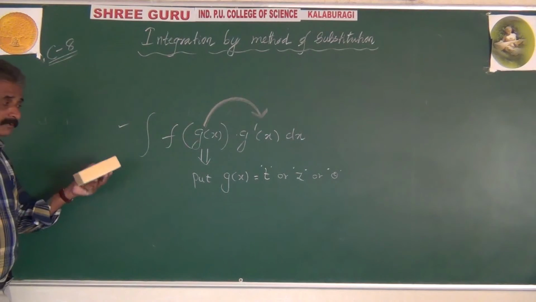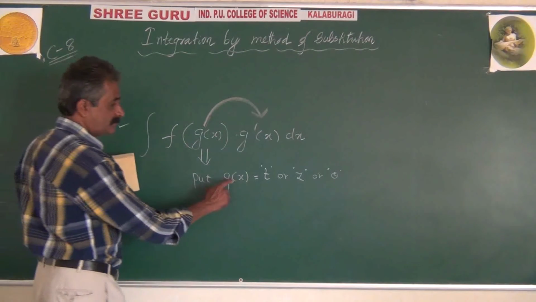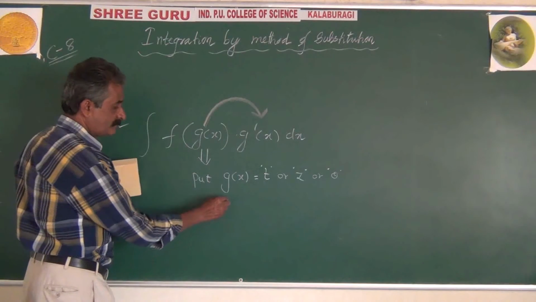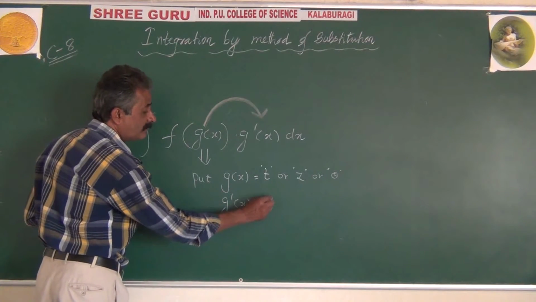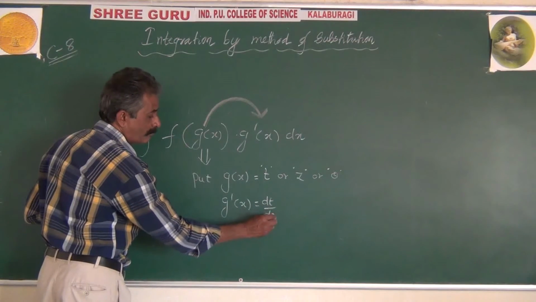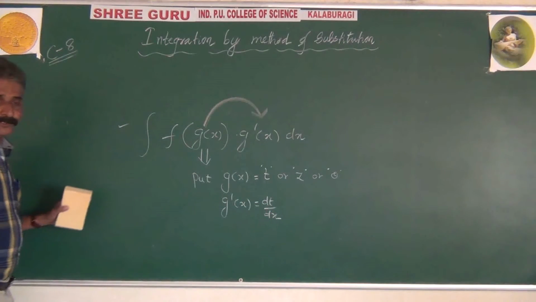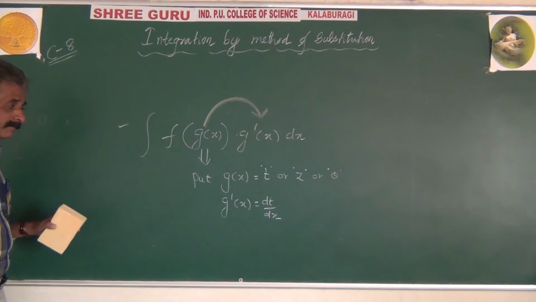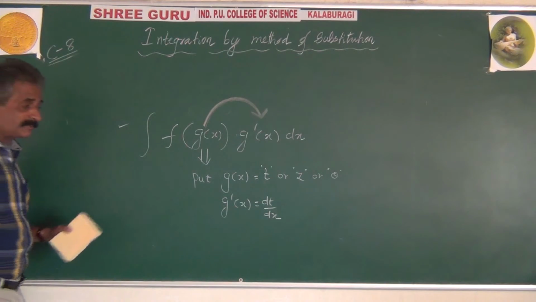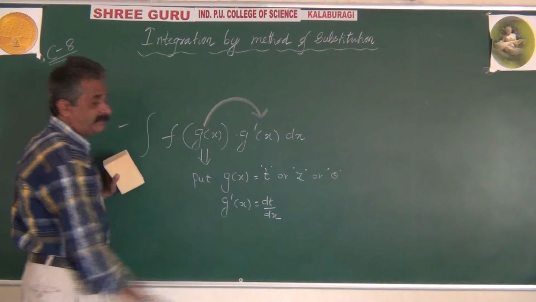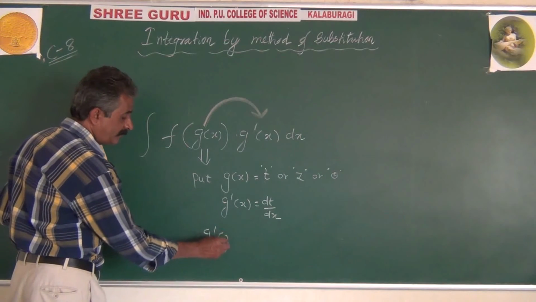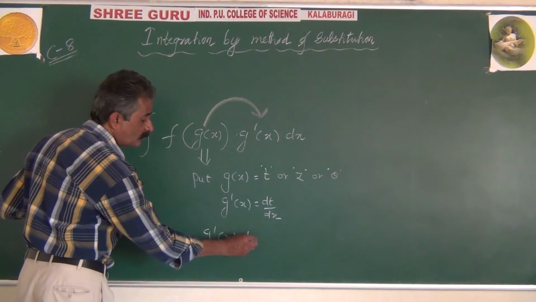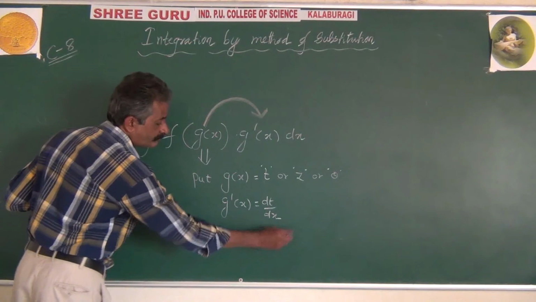After that, you need to differentiate with respect to x: g dash of x equals dt by dx. We can think as if it is cross multiplication, but it is actually a differential concept. So g dash of x dx will be equal to dt.